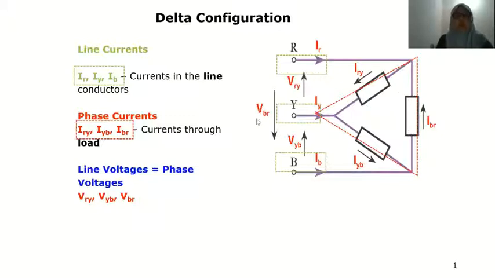For the delta configuration, your line voltages are equivalent to your phase voltages. Your VRY, VYB, and VBR are your line voltages and also called your phase voltages.